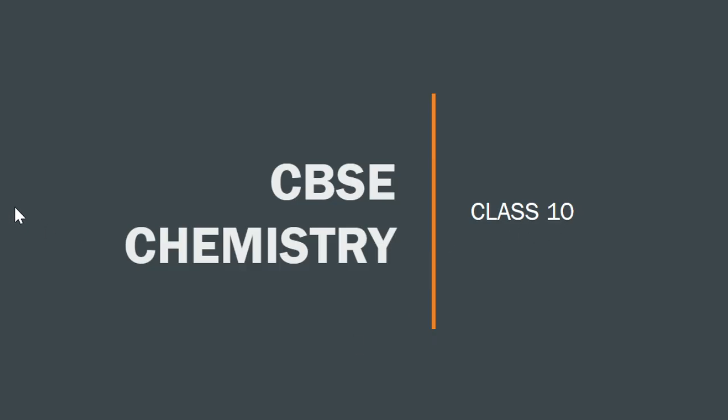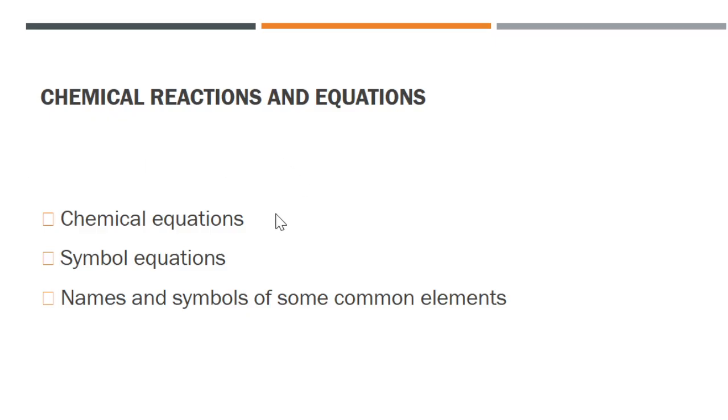So what we have today is chemical equations. Now, this is one topic everybody is very scared of: how to write a chemical equation and how to balance it. So we are going to do all of this today: chemical equations, symbols and valencies, and how to write the formulae.